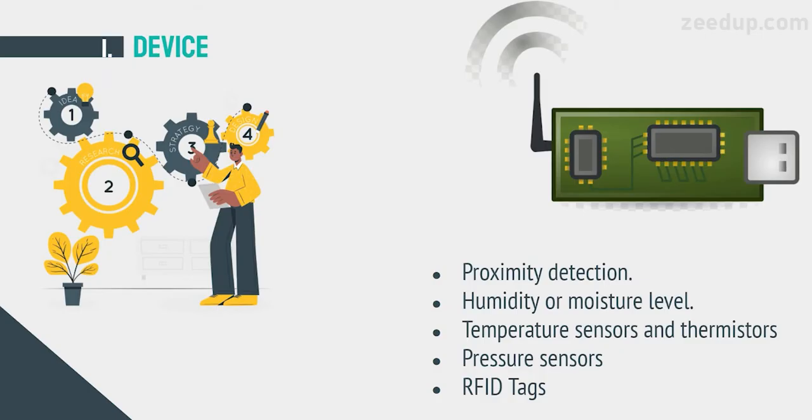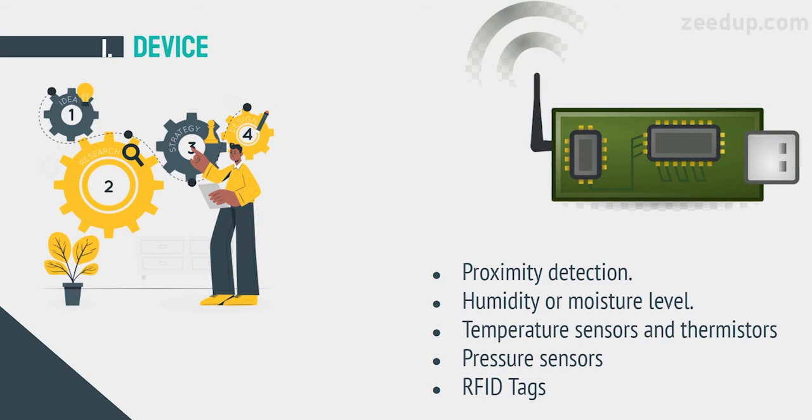I told you about the device, but let me explain with an example. Proximity detection is used in your lift doors. For example, when you are going to enter the lift, the door automatically opens. This is because of the proximity sensor.